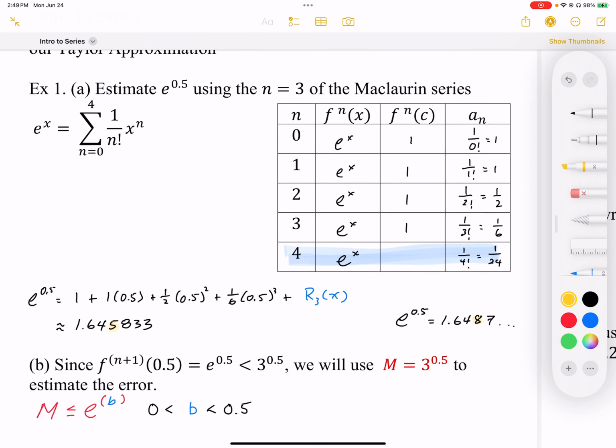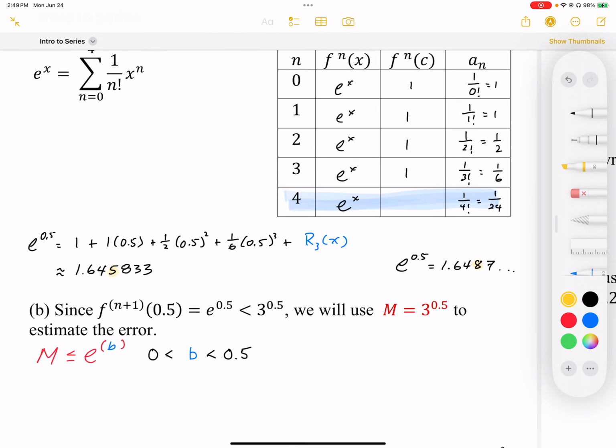Let's work out the error. We're going to make error bounds because we can't actually find b, or the actual value of R3 of x, but we know that b exists somewhere between 0 and 0.5. And we're going to maximize that error value. The maximum value of m is going to be when b is the greatest.